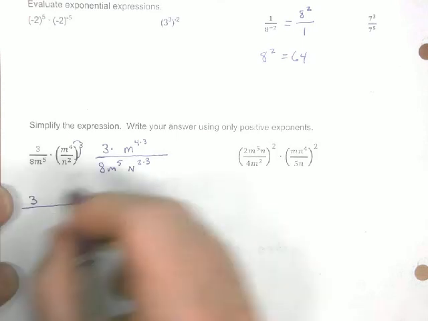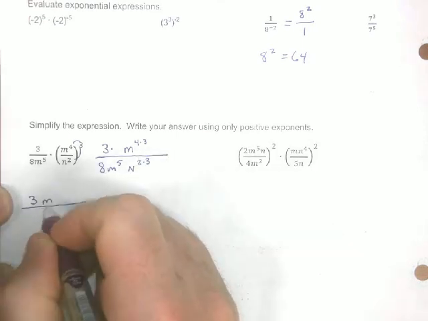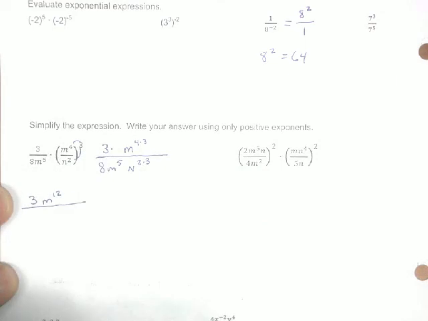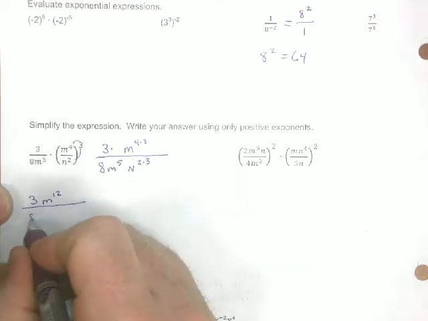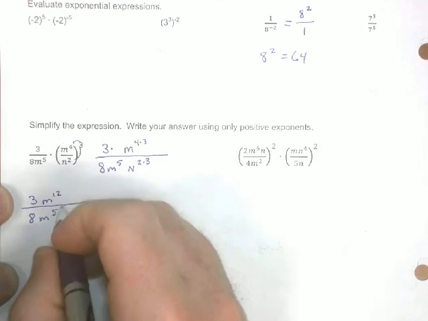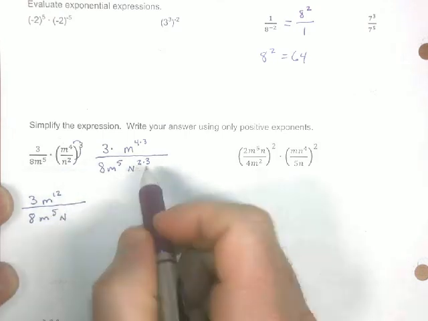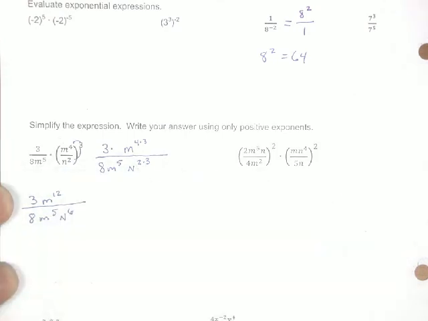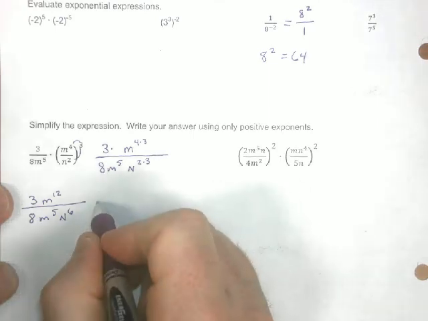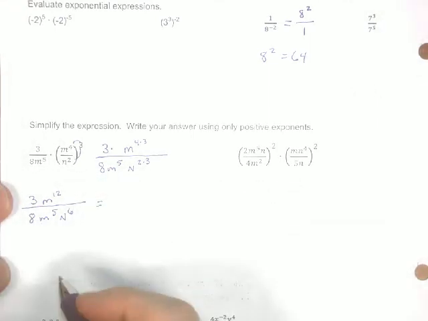Cleaning this up again, we still have a fraction. 3 on the top. I'm going to get rid of that little multiplication sign, even though it's all multiplication, and start cleaning this up. So I have m to the 4 times 3 is 12, all over 8 m to the 5th. And then n, I have 2 times 3, which is 6.